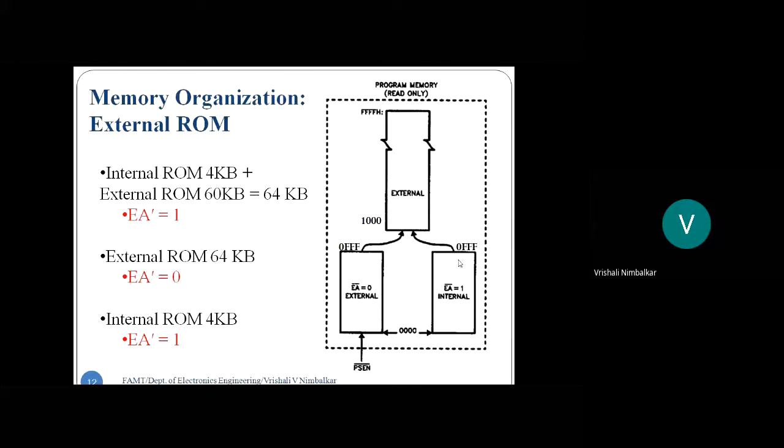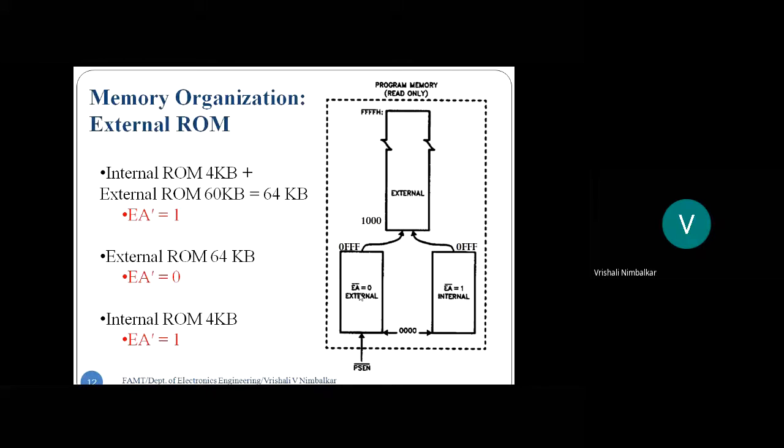But the combination is 4 KB internal, 60 KB external. So 0000 to 0FFF will be internal addresses. And 1000 to FFFF will be external addresses. Correct? So that was on the right hand side of your diagram.